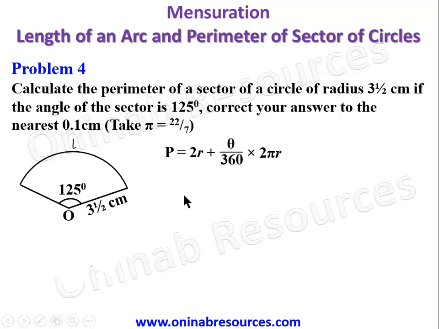That's going to give us 7 over 2. That's multiplied by 7 over 2 plus 125 over 360 times 2 times 22 over 7 times 7 over 2.